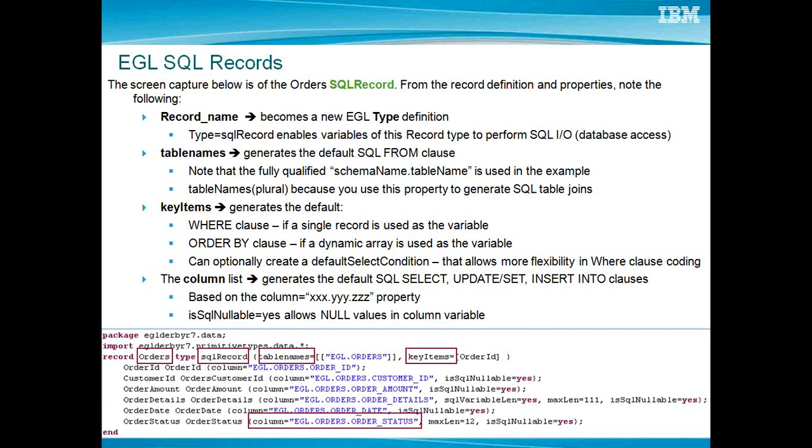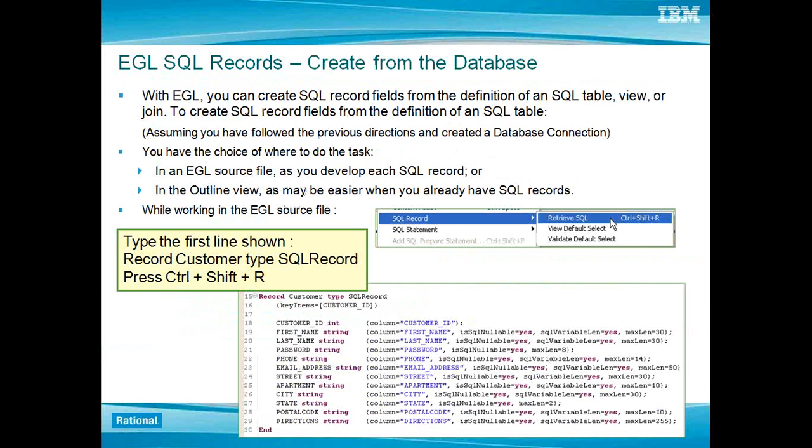You can get the list of available properties either by pressing Control space on your keyboard, or by going into the RBD help, then typing SQL record, and then going into the detail of the column properties, and there you can find the details of these items.